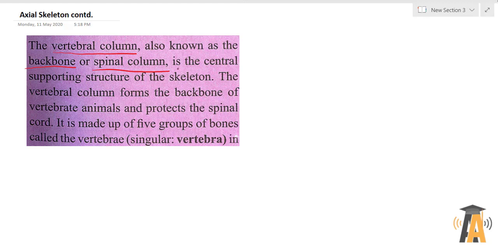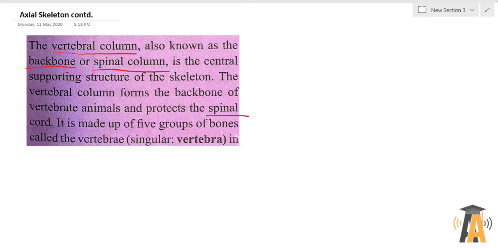The vertebral column forms the backbone of vertebrate animals, and is very important because it protects the spinal cord. It is made up of 5 groups of bones called vertebrae, the singular is vertebra, the plural is vertebrae.